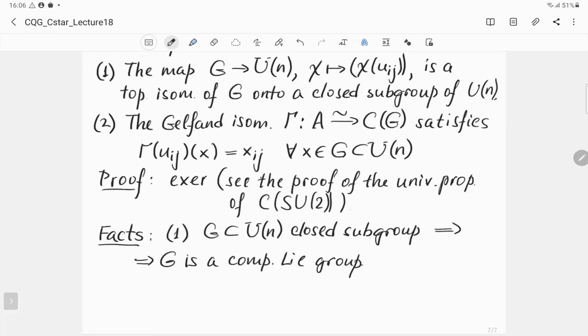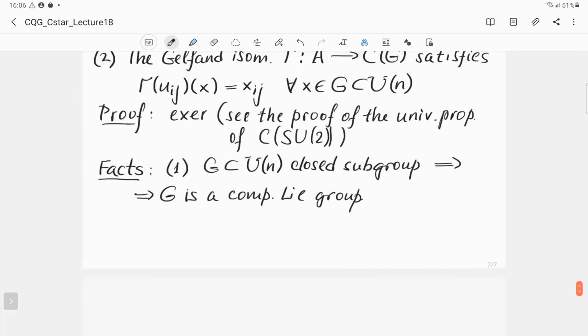In fact, each closed subgroup of a Lie group is a submanifold automatically. And so G is a closed subgroup and a closed submanifold in U_N, so it's a compact Lie group.